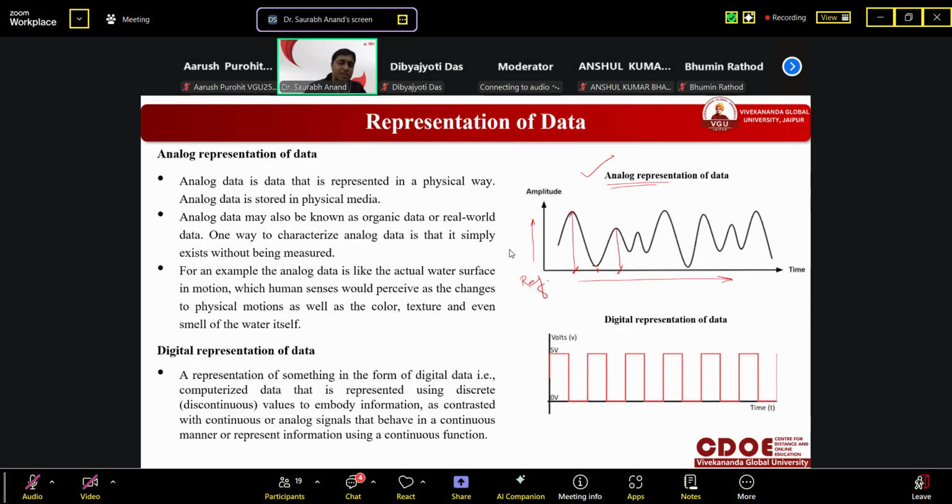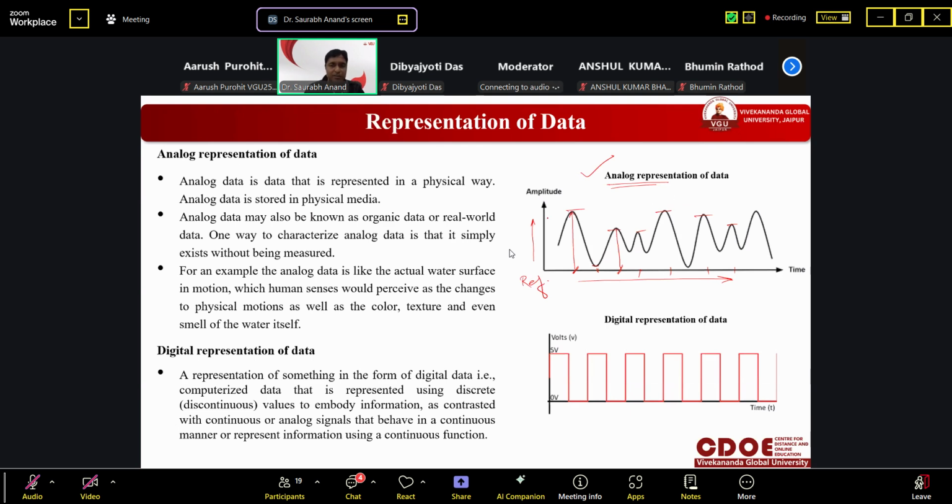So we can see that at any time the amplitude may change, it may vary, it may be high, it may be low. So you can see here it is this, it is this, it is this, it is again this. So at every time, this is at the respective time. So at any time we can or cannot have the same amplitude.